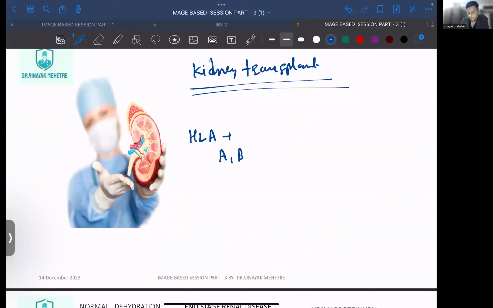A, B, C, DP, DQ, and DR. DP, DQ, DR. That means total how many HLAs should match? It is 6, not 3.